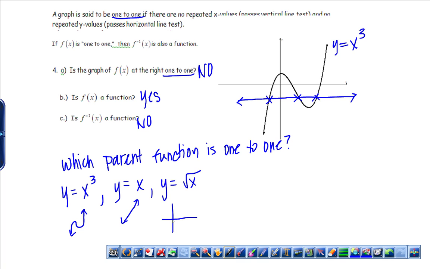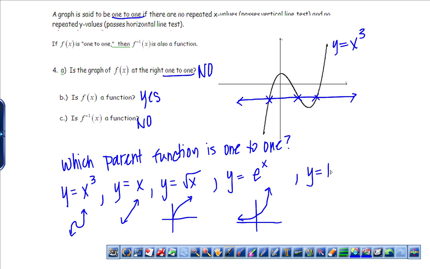How about the square root of x? Here's the square root of x, looks like this. That is 1 to 1. Exponential. Exponential looks like this. And if you don't remember the graph, this would be exponential. Since exponential is, its inverse also is.